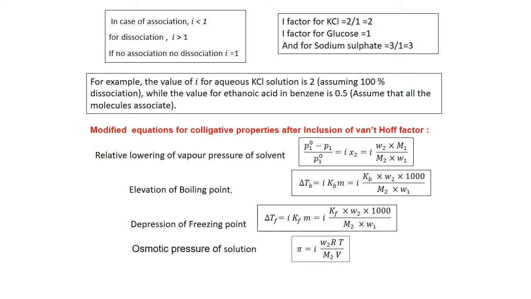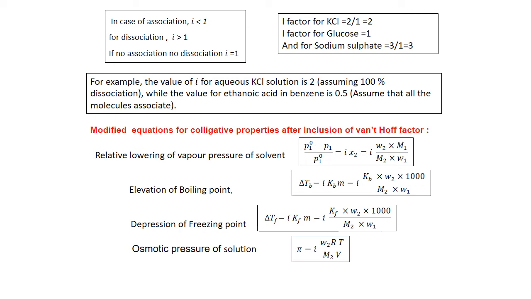In case of sodium sulfate, when ionized, it gives 2 ions of sodium and 1 ion of sulfate ion. So total number of particles are 3. So number of particles after dissociation 3 and initially 1. So i factor will be 3 by 1 is equal to 3.